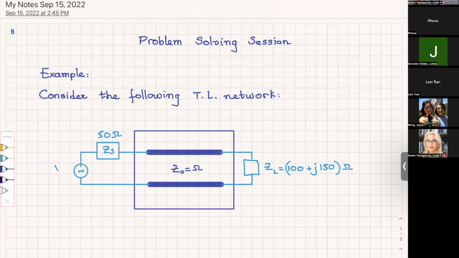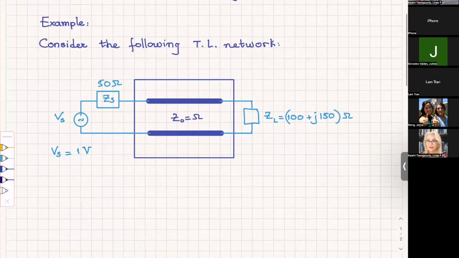That's Vs, and let's assume that Vs is 1 volt.